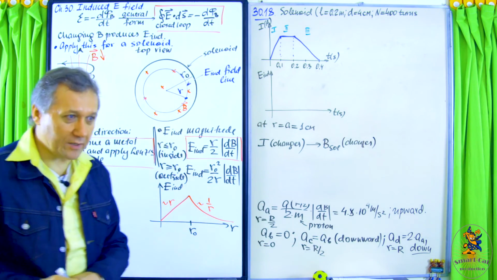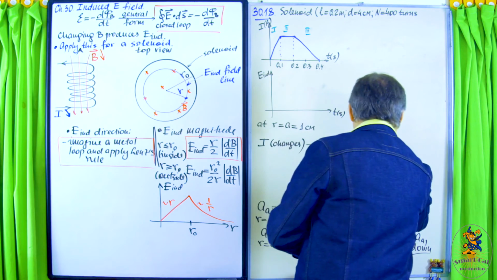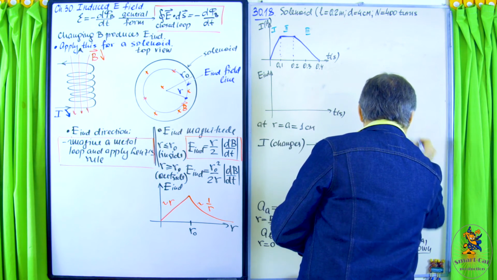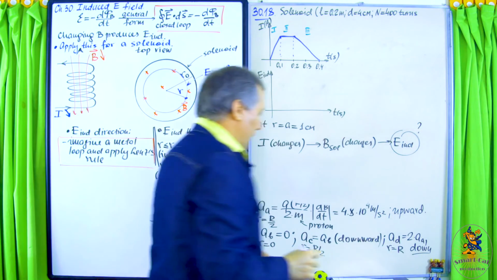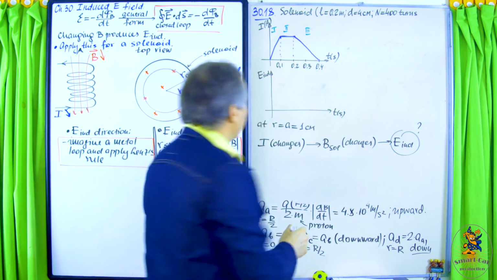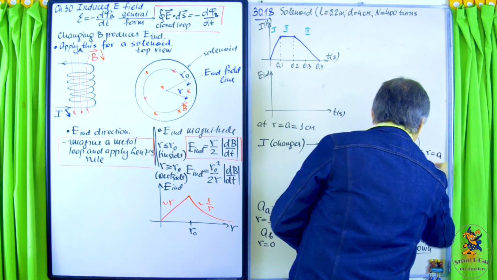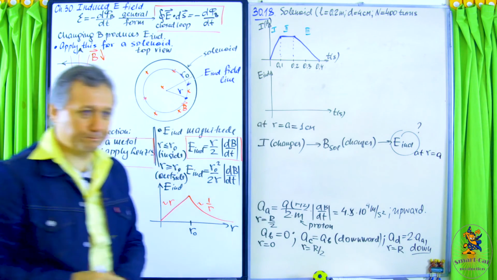And a changing in time magnetic field produces an electric field, induced electric field, E induced. And that's what we need to find eventually, again, at point R equals A, at this point.